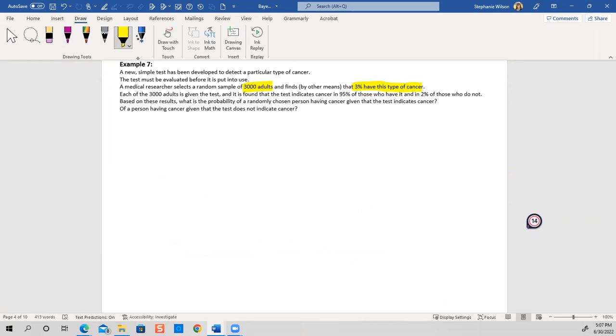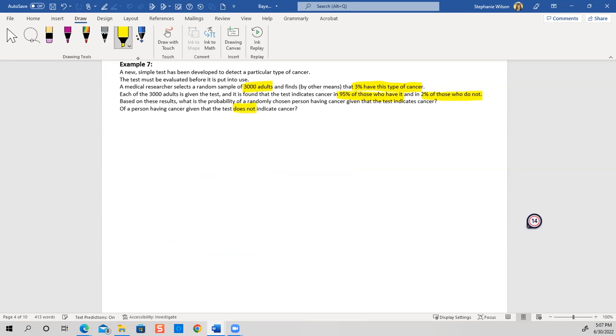Each of the 3,000 adults is given the test, and it indicates cancer in 95% of those who have it and 2% of those who do not. Based on these results, what is the probability of a randomly chosen person having cancer, given that the test indicates cancer, and of a person having cancer, given that the test does not?